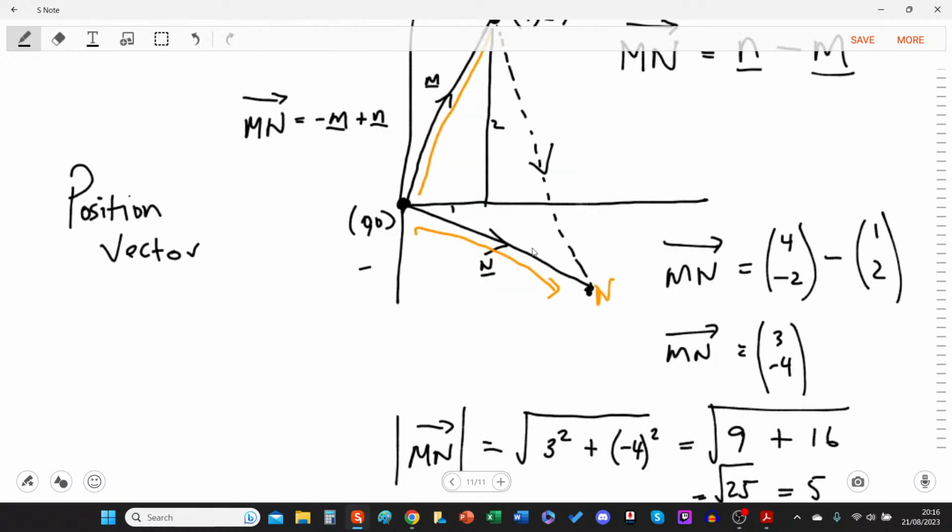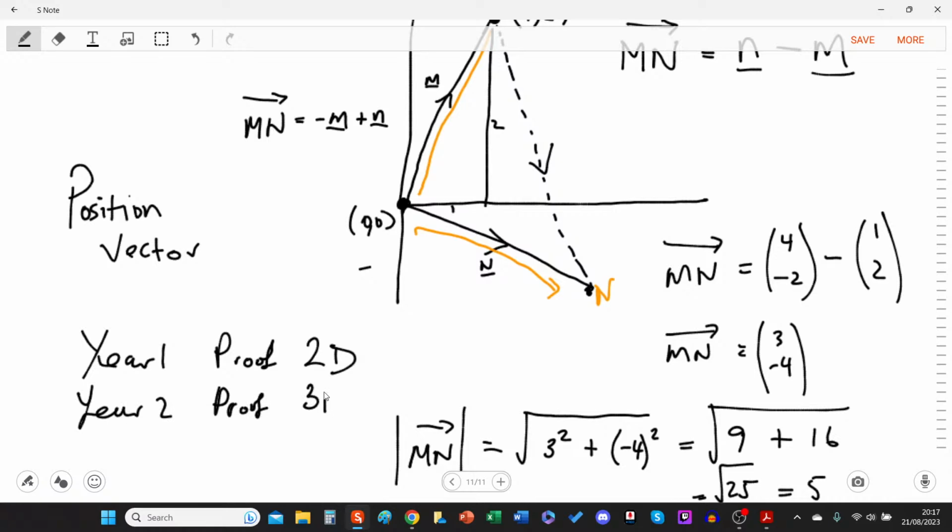One thing you'll be doing at A level is the geometry side of it. The other side is proof. I can tell you that in year 1, the proof of how you get from one point to the other is in 2D. In year 2, it's the same thing, but in 3D.